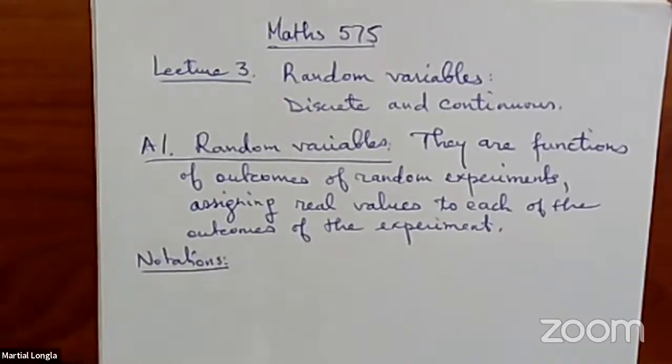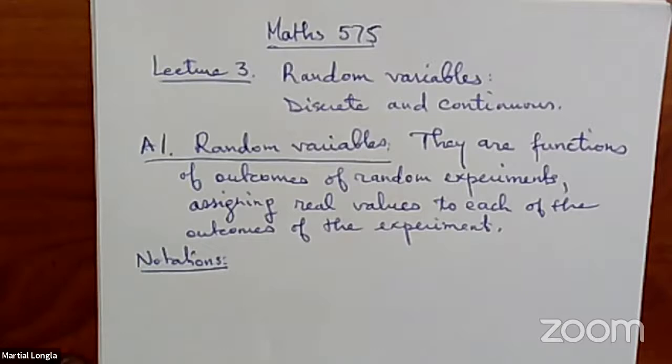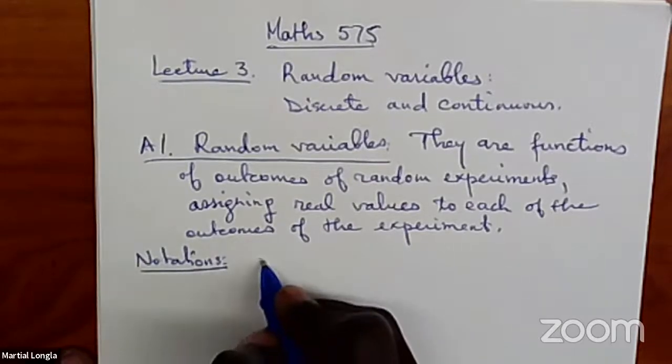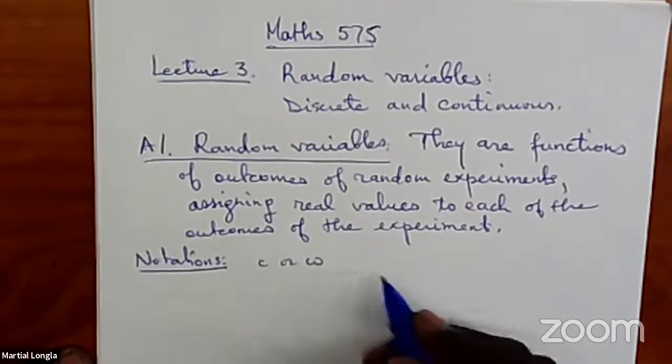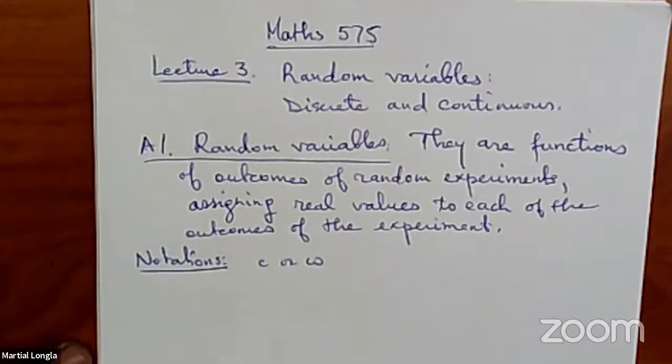The notations that we'll be using, can I use C or W? Usually in an advanced class in probability, you always see X of W, things like that. So these are the outcomes of the experiment.